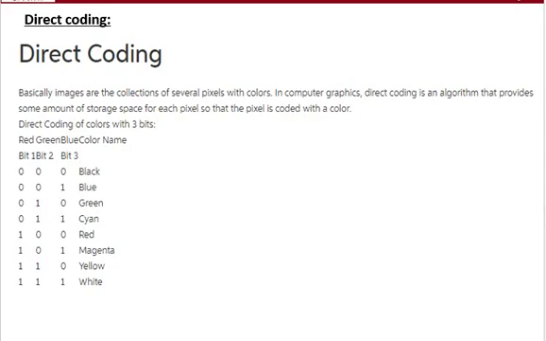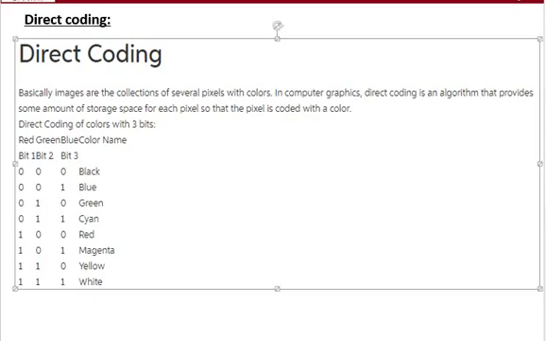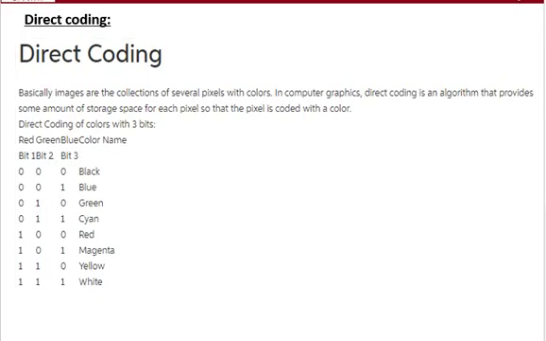It represents the red bit, then the green bit, and last is the blue bit. If all bits are 0, then the color is black. If all bits are 1, the color is white, that we have already seen in our previous slide.